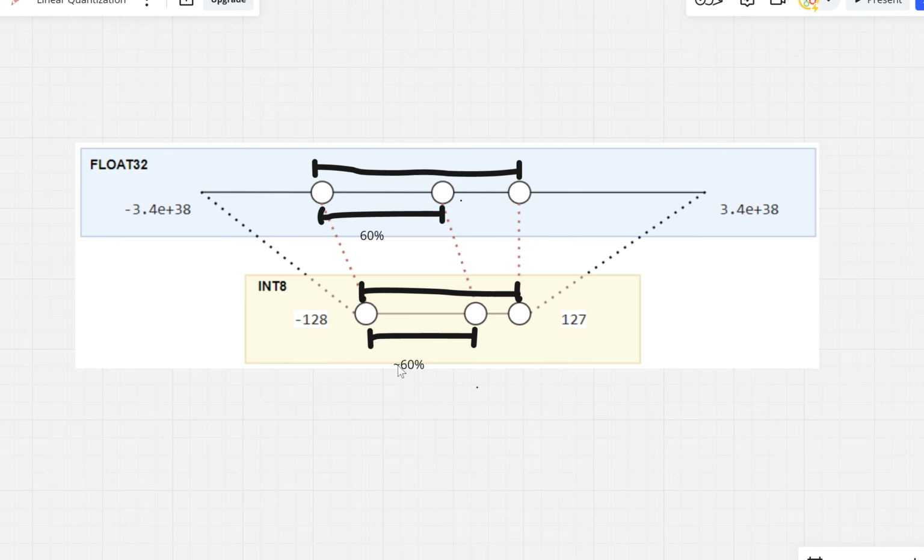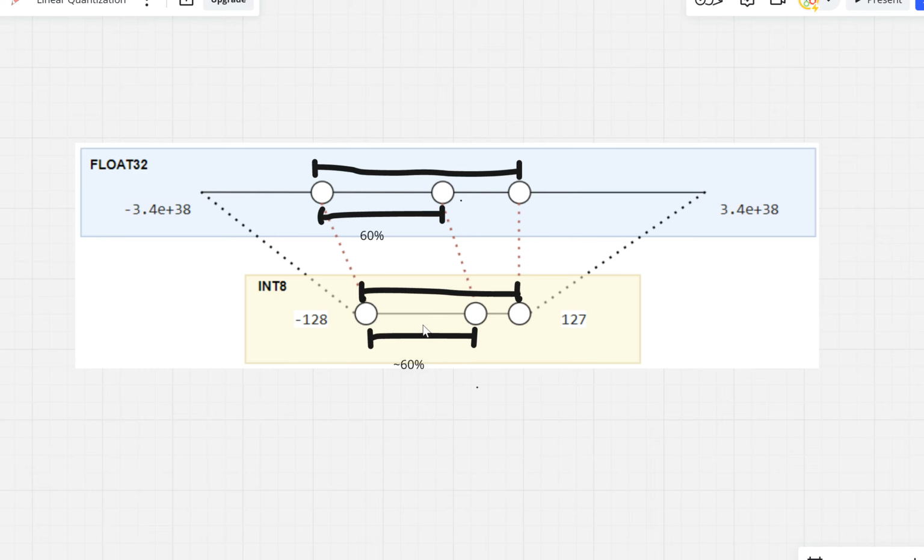And our job as algorithm designers is to make sure that that quantization error is as low as possible. Because if it's really high and we do our calculations and our matrix multiplication in our neural network, and this relative distance is way off, then we're going to get outputs and predictions and model performance that's way off from the original.